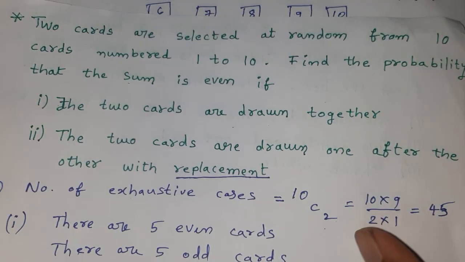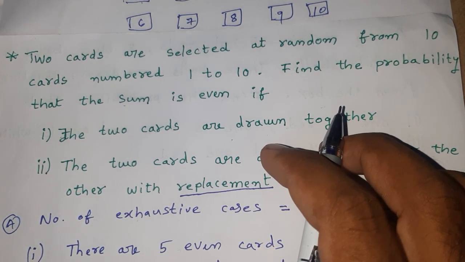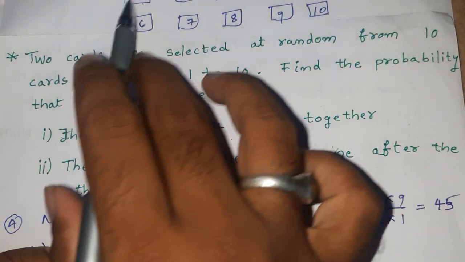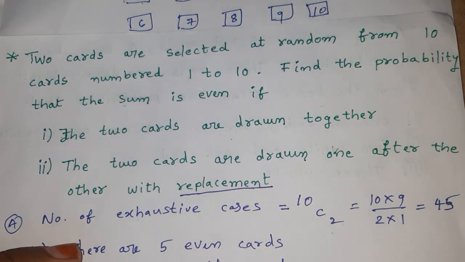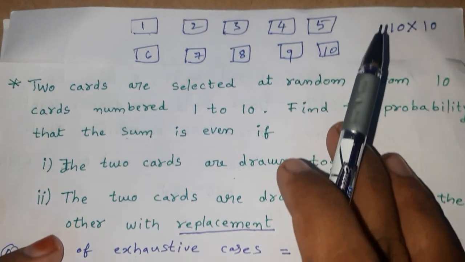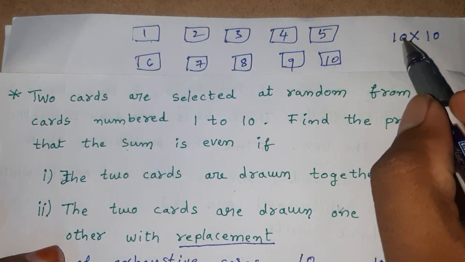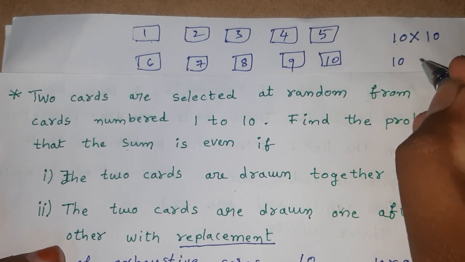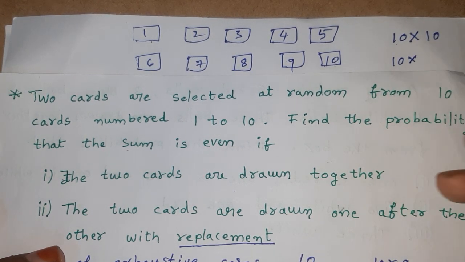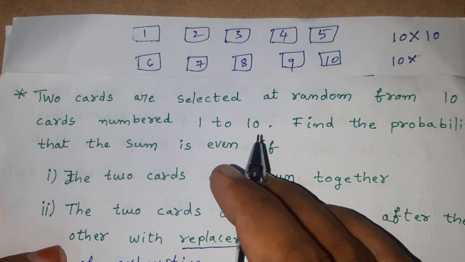Actually, with replacement and without replacement, what happened? Without replacement, if we select one chord after the other, not at a time, how many ways are there for selecting the first chord? 10 ways are there. Into, since we have to select both of them, we are using into.